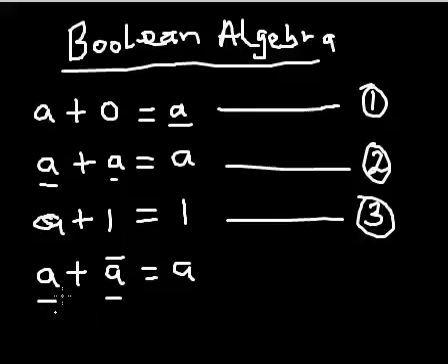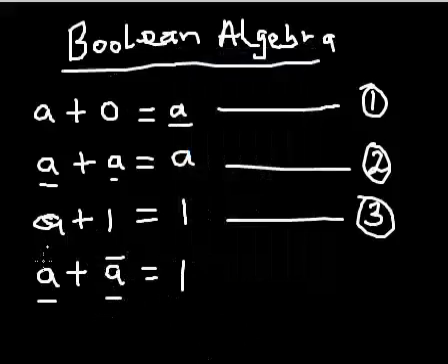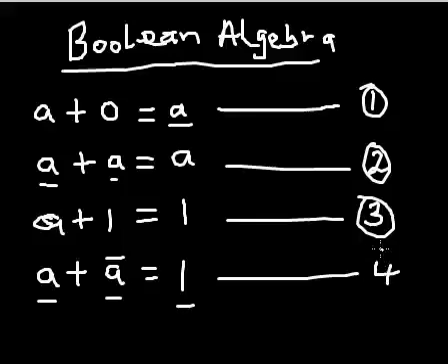The invert of 1 is 0, right? So if I add it to 1, it's still going to give me 1. So whenever you invert an input and add it to the input, it will eventually give you 1. So all these relationships are really very important.